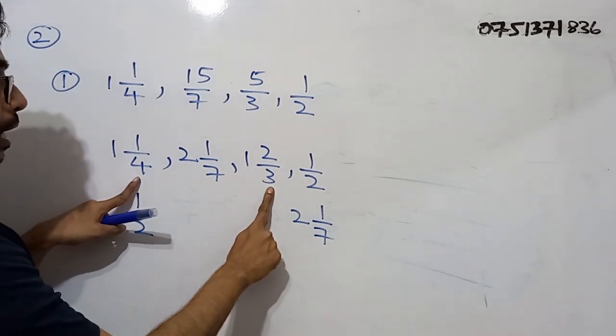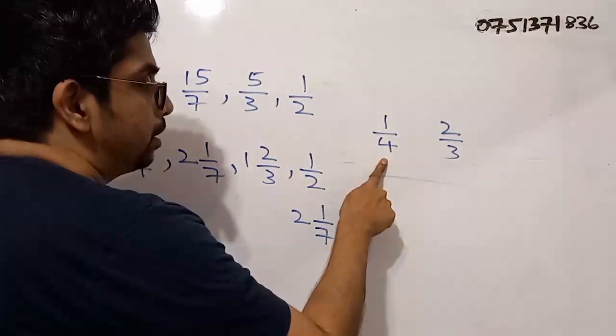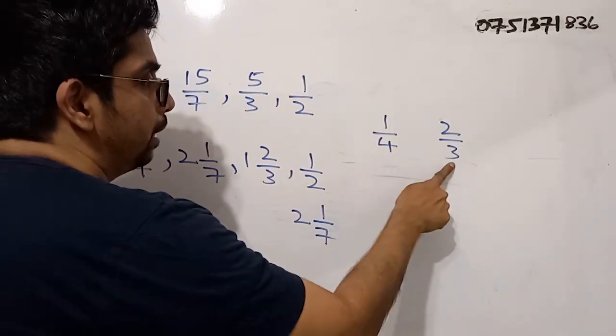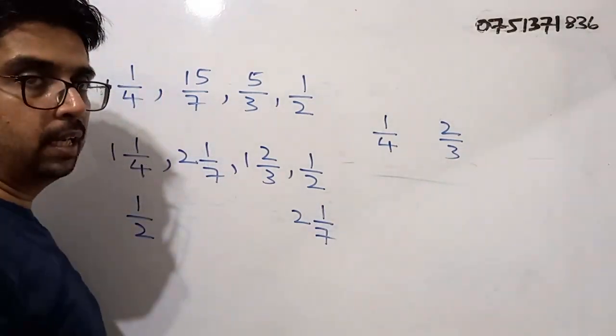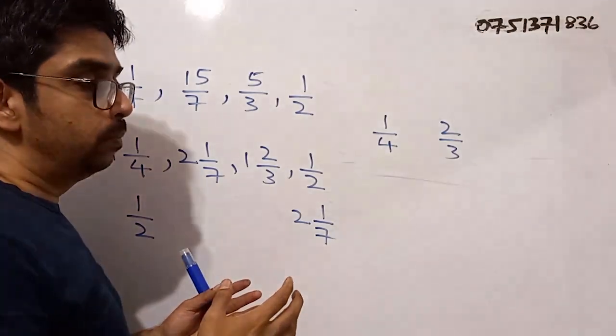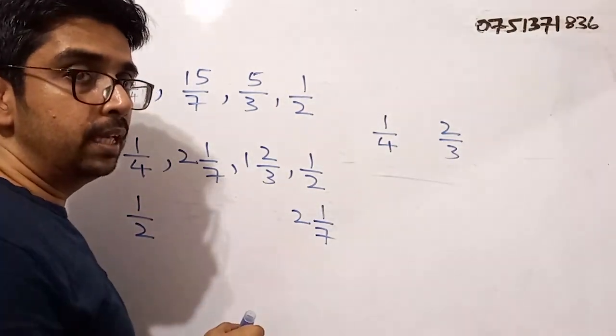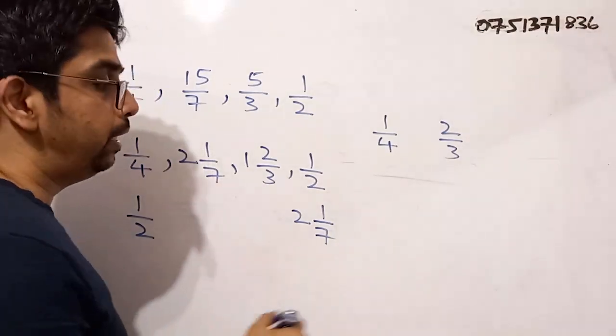So definitely we need to compare the fraction part. One fraction has a denominator of 4 and the other fraction has a denominator of 3. So we need to make them equal. In this case, both fractions must have the denominator of 12, right?